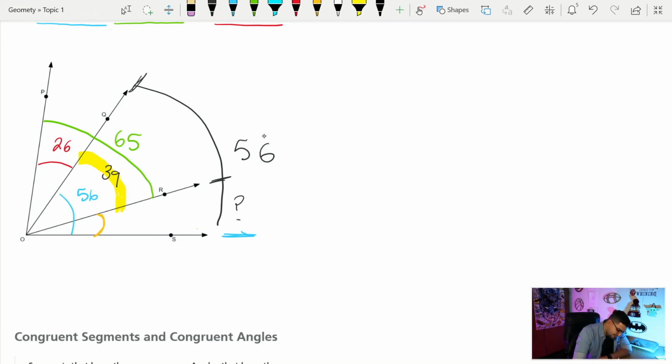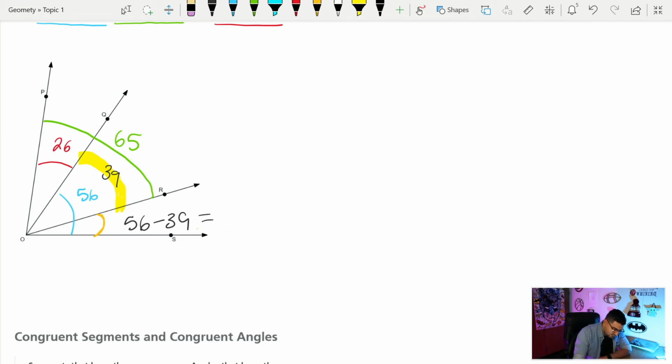So this angle on the inside is 56 minus 39, which if you do that correctly, you should get 16. So this angle right here is 16.